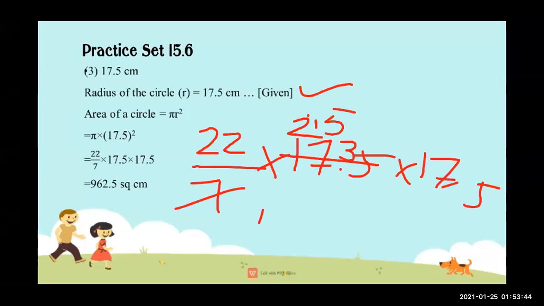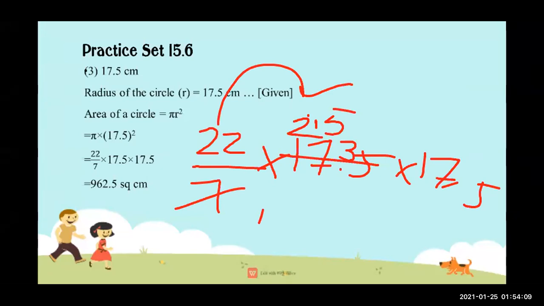Now 22 should be multiplied by 2.5. What is the answer when you multiply 22 by 2.5? Very good. You are getting the answer as 55.